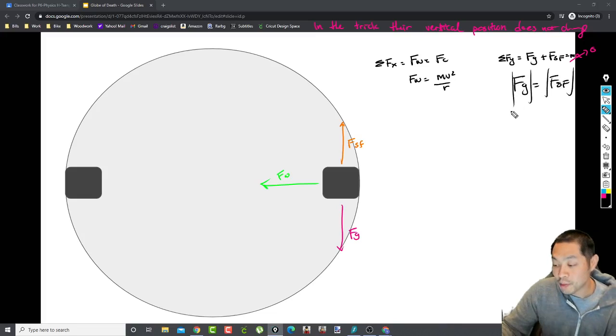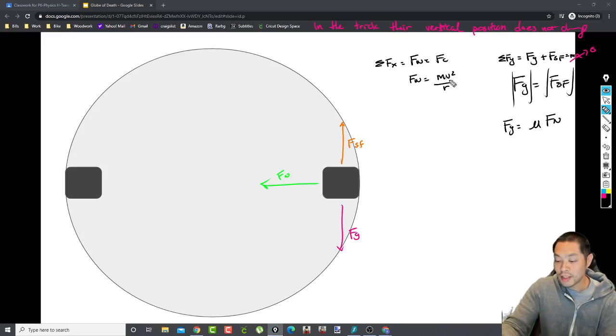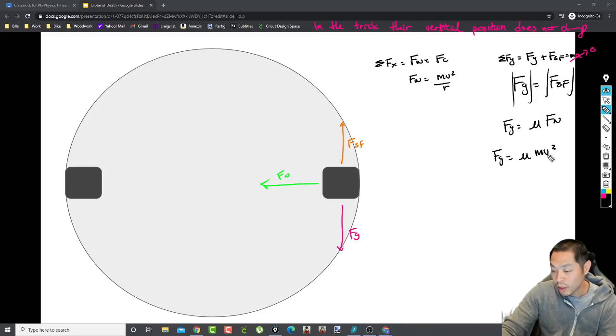We're going to do absolute value because that's what we care about. And then the part that connects these 2 together is force of gravity is equal to mu Fn. So all of a sudden they're connected. The y and the x are connected because of friction. And if you substitute that in, Fg is equal to mu mv squared over r.